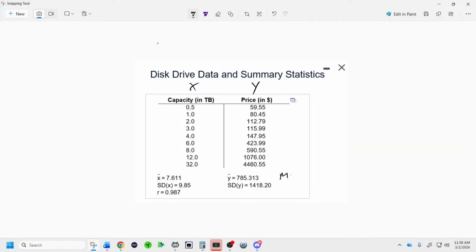This is the mean of y. This is the standard deviation of y. This is the mean of x. This is the standard deviation of x. And this is correlation, which is R. So we have tons of information on the screen, tons given to us.